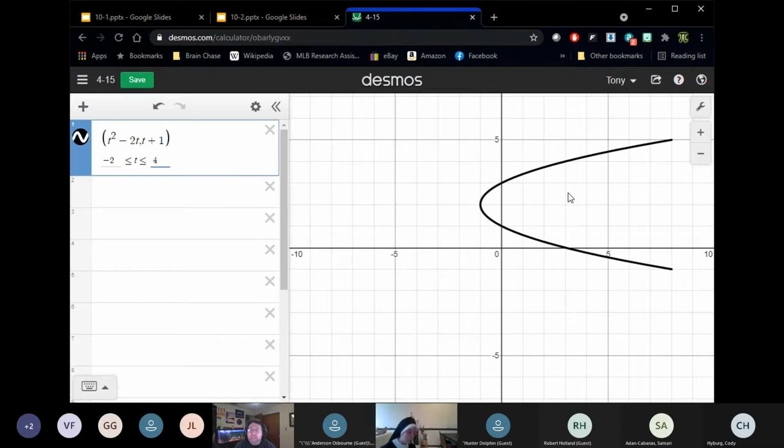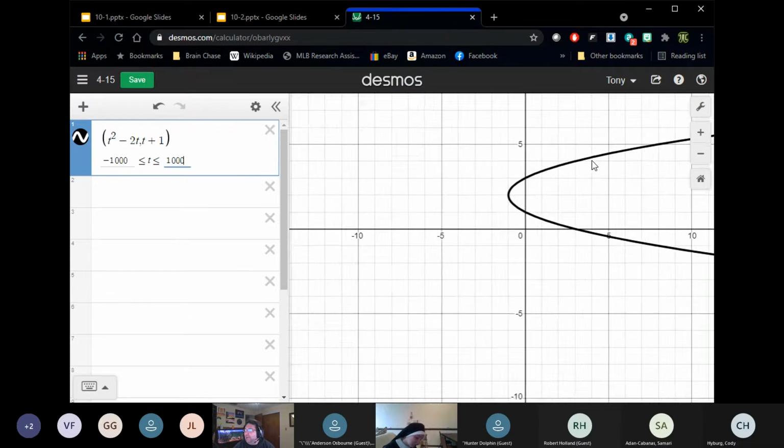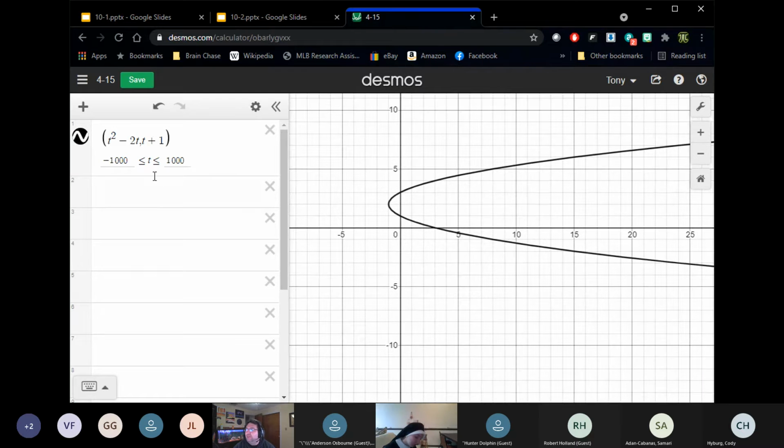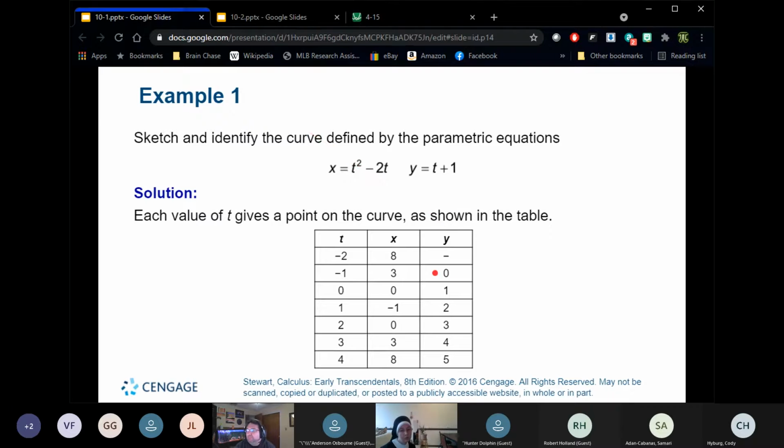But unlike a function, the graph ends where my t values end. So you're not going to see it going on forever unless you say your t values go on. Like if you wanted to do -1,000 to 1,000, it's going to look like a typical graph. But those t values could be endpoints as well, so it doesn't necessarily have to keep going.